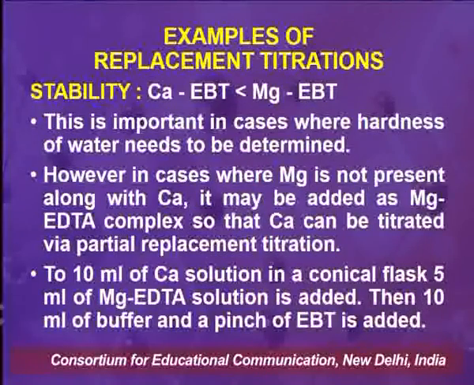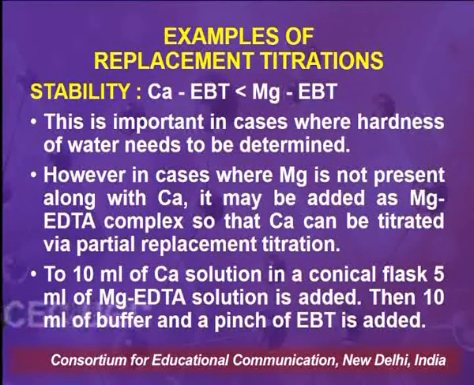However, in cases where magnesium is not present along with calcium, it may be added externally as magnesium EDTA complex, so that calcium can be titrated via partial replacement titration.